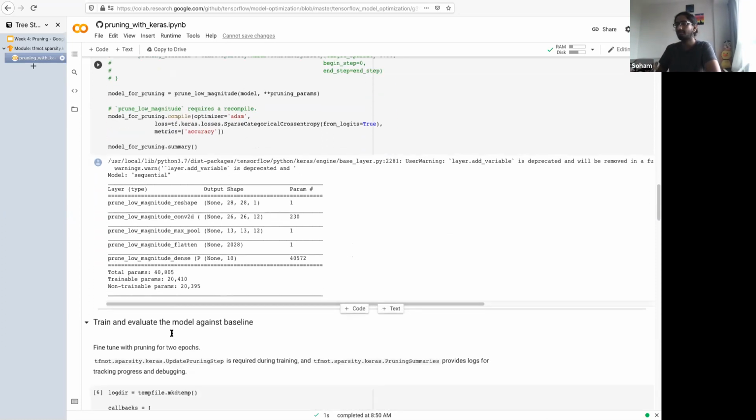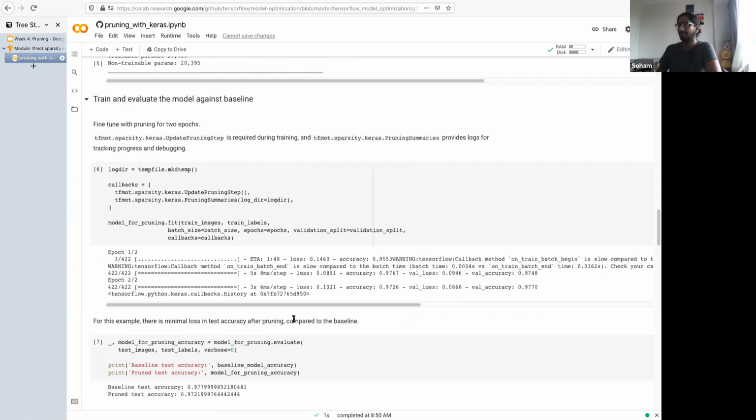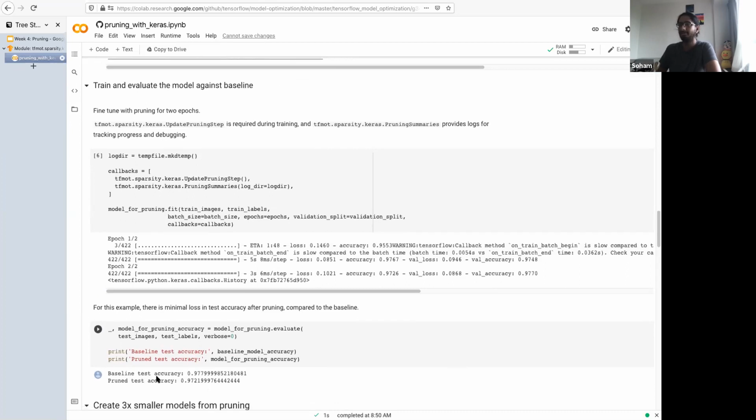And after that, we train like normal. We also have some callbacks that you can put, so that you can later on see the summary of how your pruning happens. But we'll skip that for now. We can see that our baseline test accuracy was 97.79, and our pruned test accuracy is just 0.5% less, at 97.21.